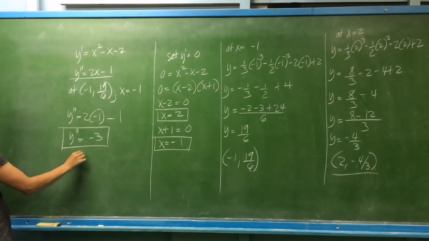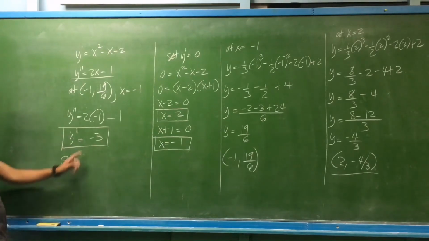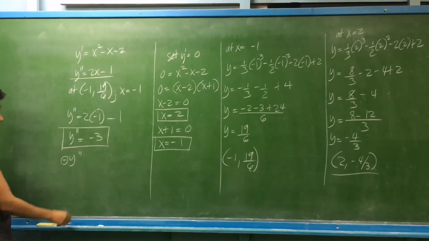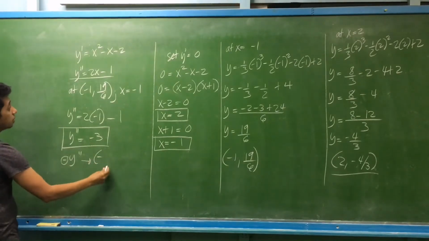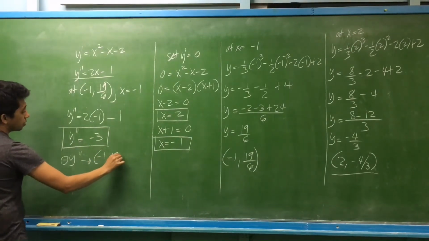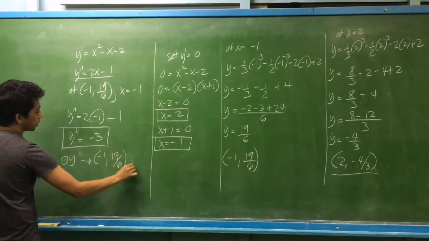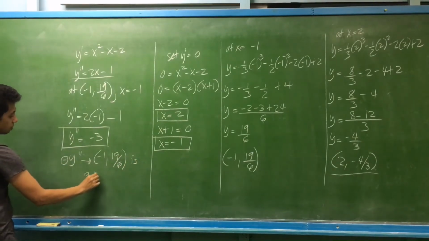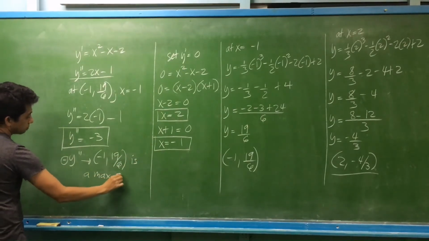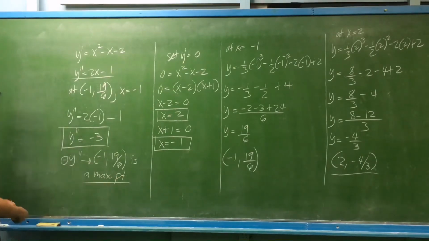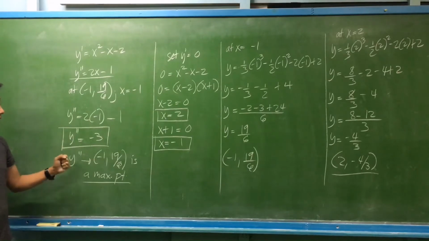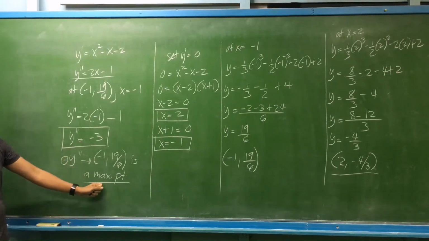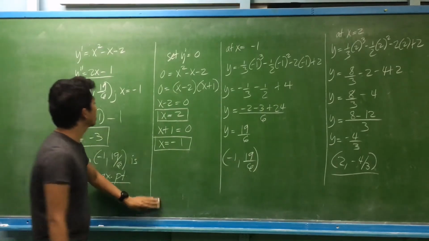If the value of y double prime is negative, here negative 3, the point negative 1, 19 over 6 is a maximum point. So using the second derivative test, if we have a negative y double prime, that critical point is a maximum point.